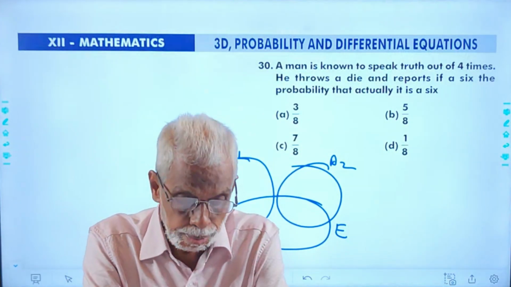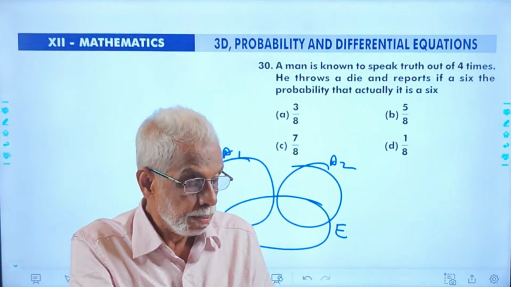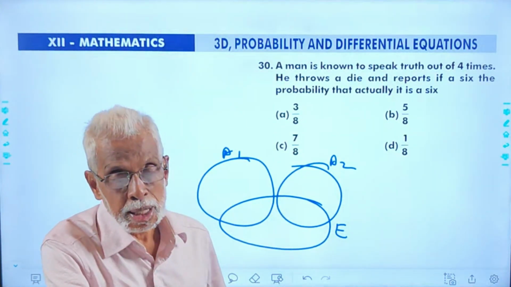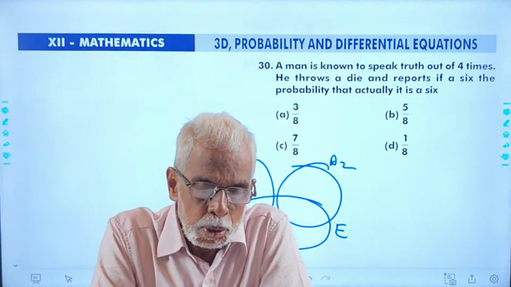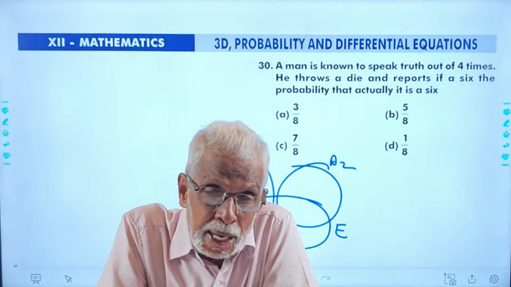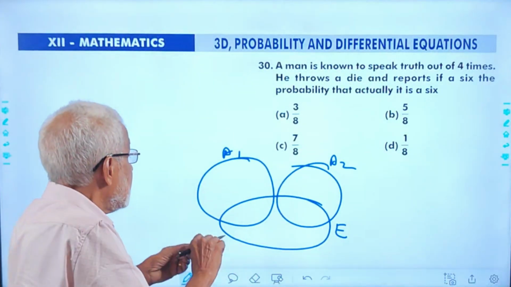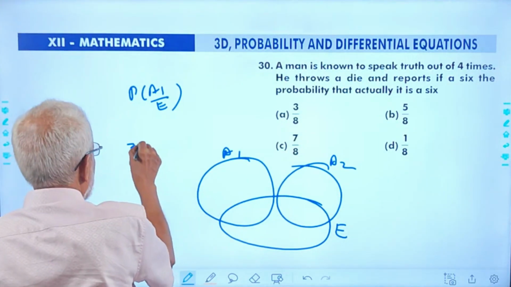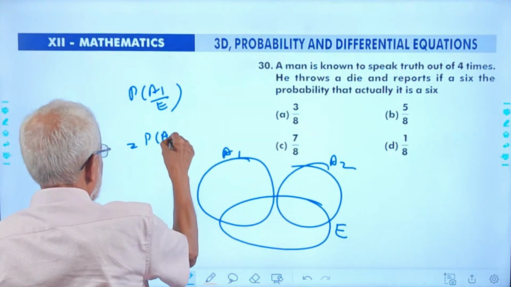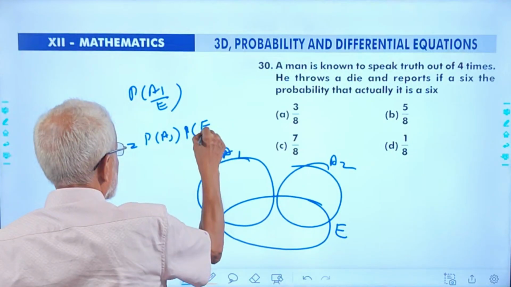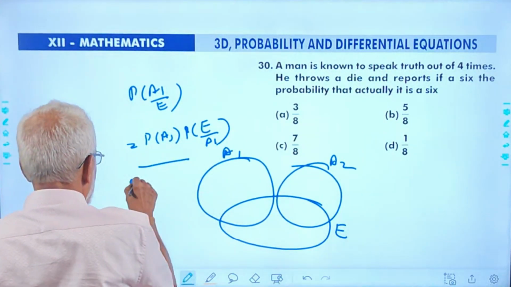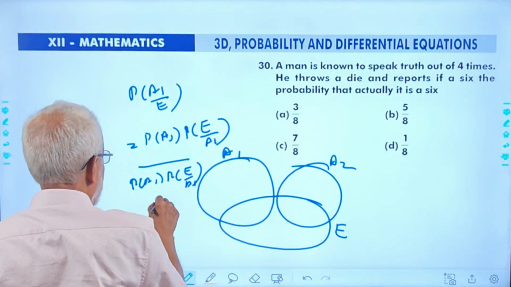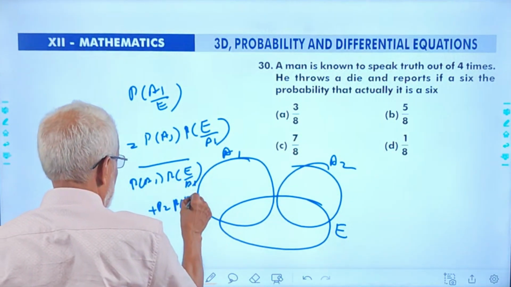We have to apply Bayes theorem. What is Bayes theorem? P of A1 by E, E is the common event. P of A1 by E is equal to P of A1 into P of E by A1, the whole divided by P of A1 into P of E by A1 plus P of A2 into P of E by A2.